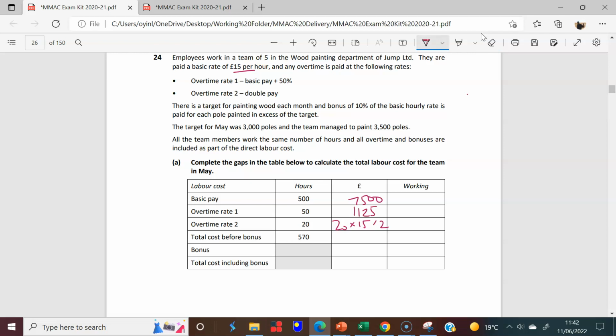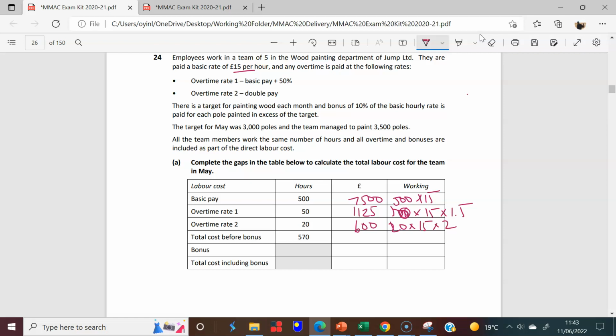Then you have 20 times 15 times 2, because that's double the pay. That's 600. I should have written the working the other way: 500 times 15, then 50 times 15 times 1.5, and then 20 times 15 times 2.